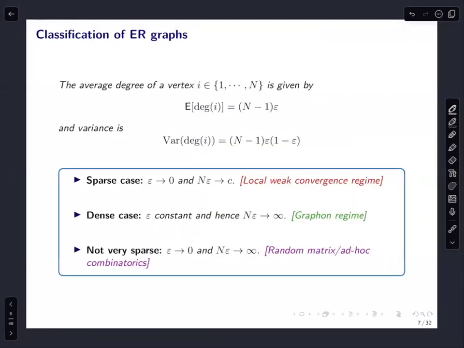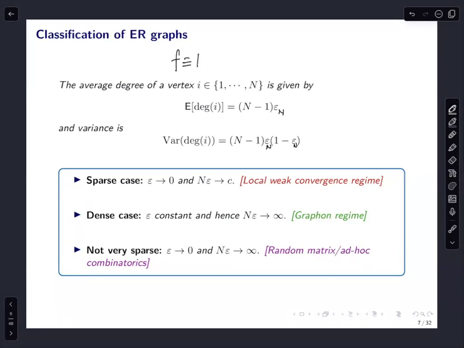Now to understand this kind of spectrum, there are three methods. Let's understand the case when f is equal to 1. It's a simple exercise to see that the expected degree is (n minus 1) times epsilon, or epsilon n, and the variance is also of the order of (n minus 1) epsilon n.